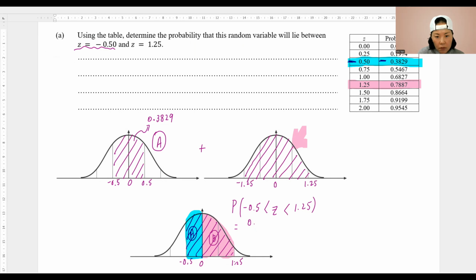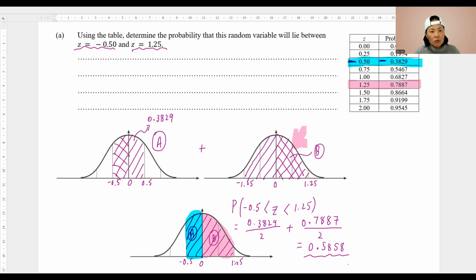So 0.3829, I have to halve the area of that, plus I have to halve just this part, B. So I'm going to halve this 0.7887. Halving it, if I put that onto the calculator, I will get 0.5858. And that is my answer to part A.